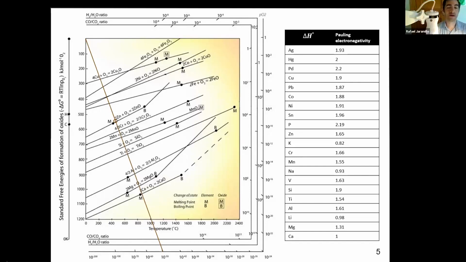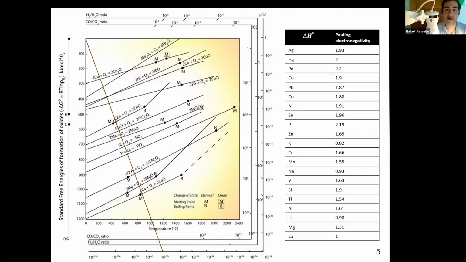And you also see that the delta H of formation here is correlated to the electronegativity. So this idea that metal oxygen bond formation is energetic, well, we know that, but it's more energetic for less electronegative metals. Right? So we expect noble metals like silver and copper to be fairly electronegative.